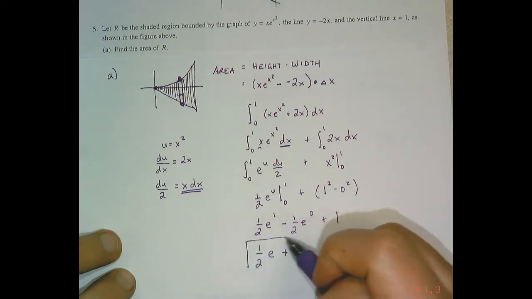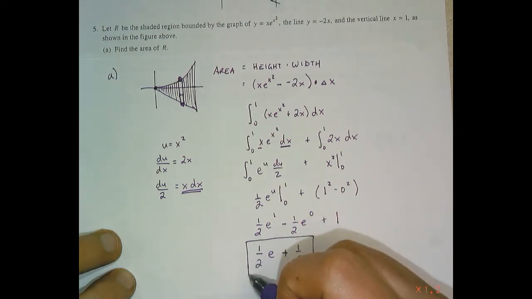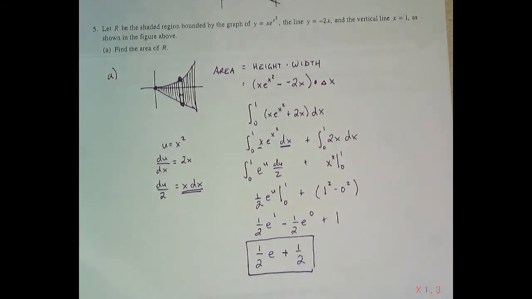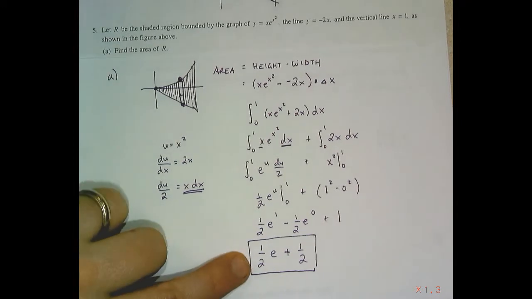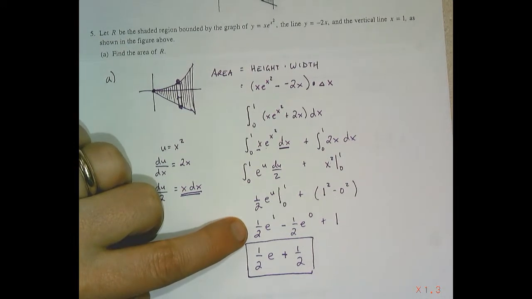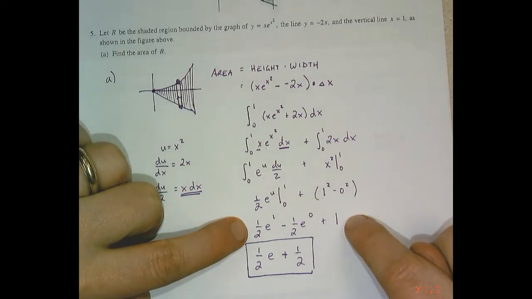So the total accumulated area is 1/2 e plus 1/2. This is, of course, the simplified answer. The previous step here, I had shown as a numeric answer, and so that would have received credit.